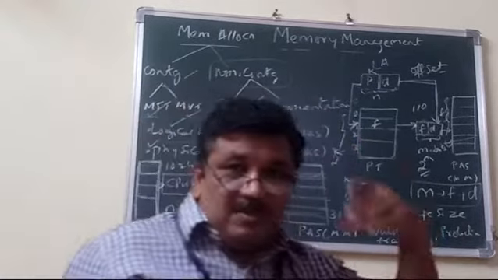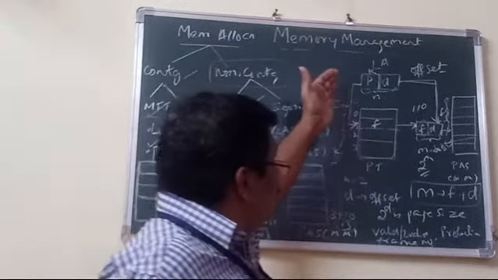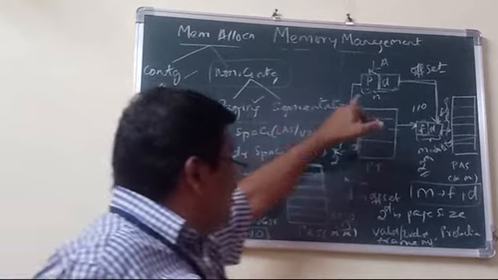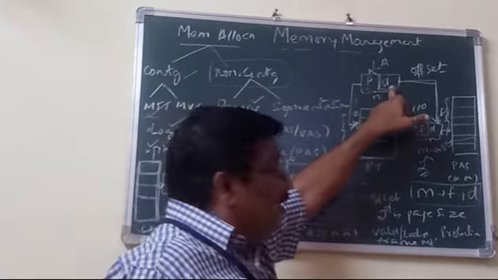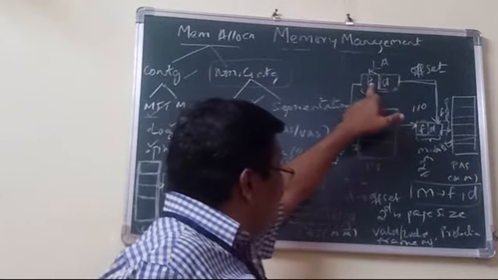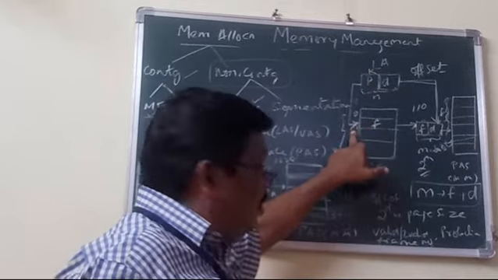I will just repeat it once again. The logical address generated by the CPU is divided into 2 parts, the page number P and D, that is the offset. This P is used as an index to the page table.